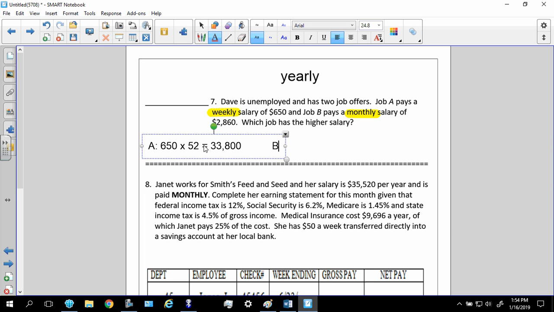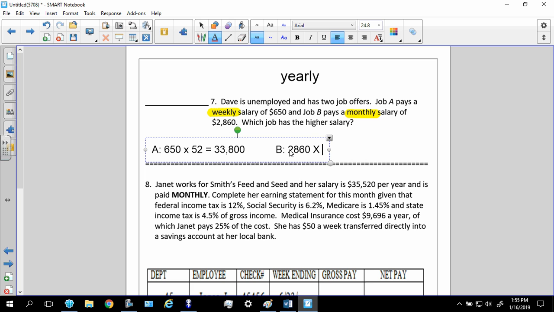But Job B, they get paid $2,860, but it's monthly, so I'm going to times that by 12. When I do that, I get 34,320. So at this point, we just look: 34,000 versus 33,000, which is the higher paying job? That would be Job B.